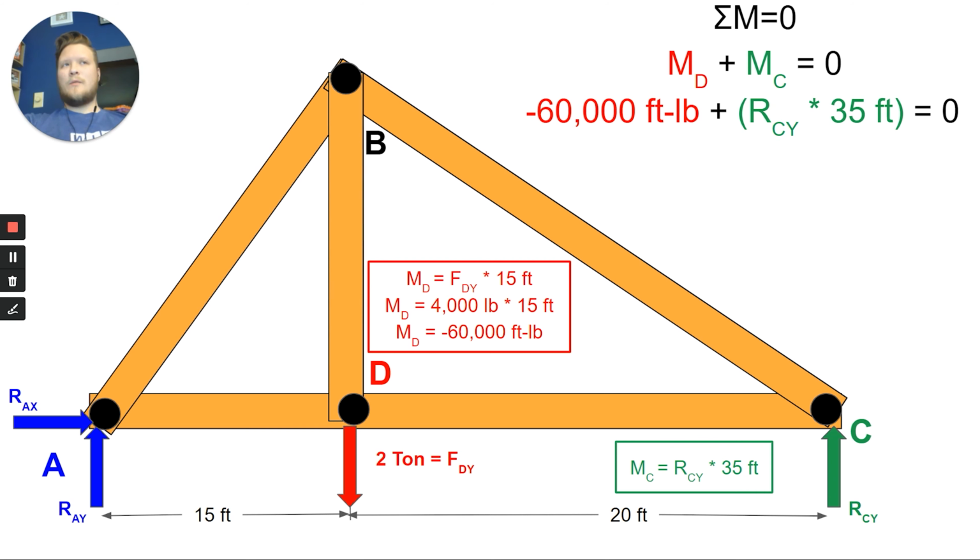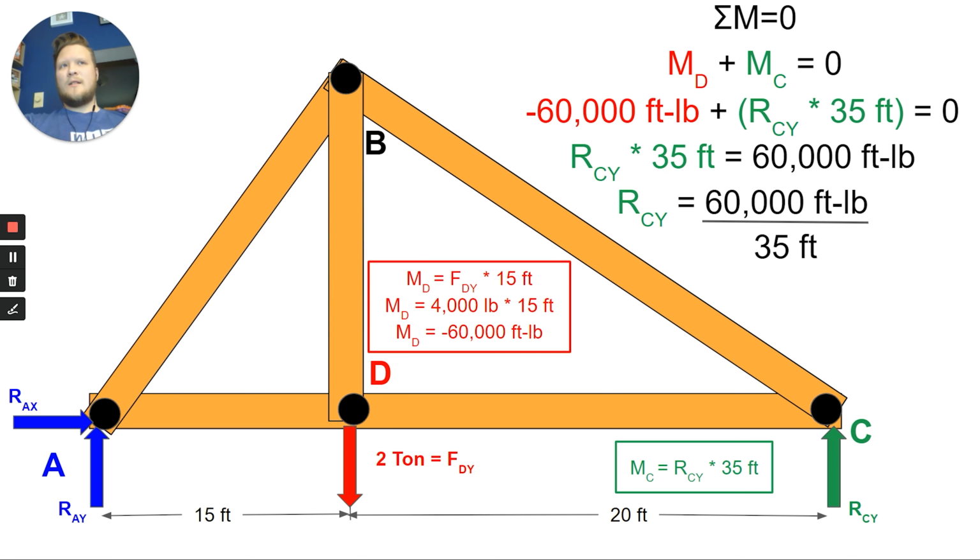So we sub in what we know into our equation, move that 60,000 foot-pounds to the other side of the equation to get rid of the negative, divide by 35 feet to get RCY on its own, and we are left with RCY being 1,714.29 and so on pounds. So I don't take up too much space on the PowerPoint in this video, I'm not going to write everything out, but remember, we don't round until the very end typically, so we don't skew our answers, okay?